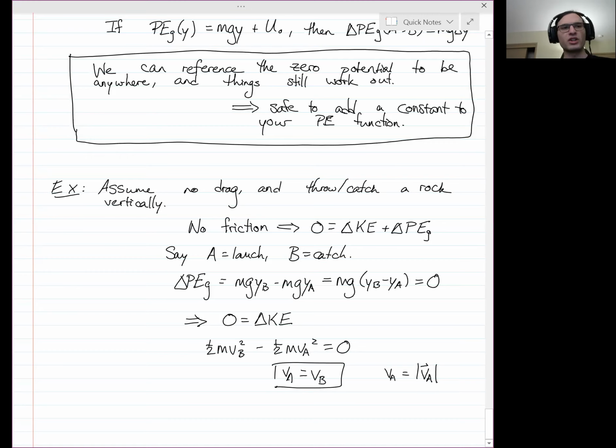And just a quick note here is that nothing in this calculation changes regardless of whether or not the rock had any initial or final horizontal velocity at all, right? It could have been that I threw a baseball up and over to someone who caught it at the same height that I threw the baseball at.